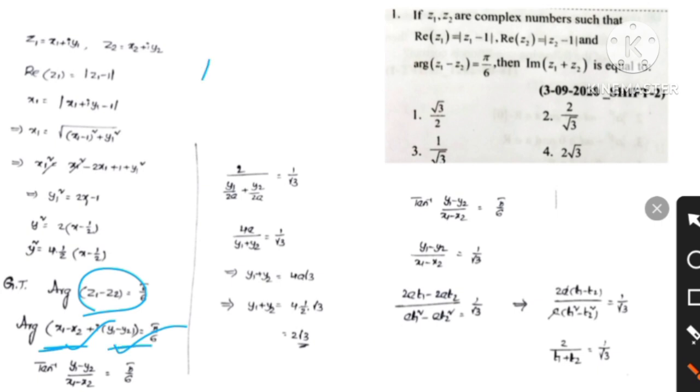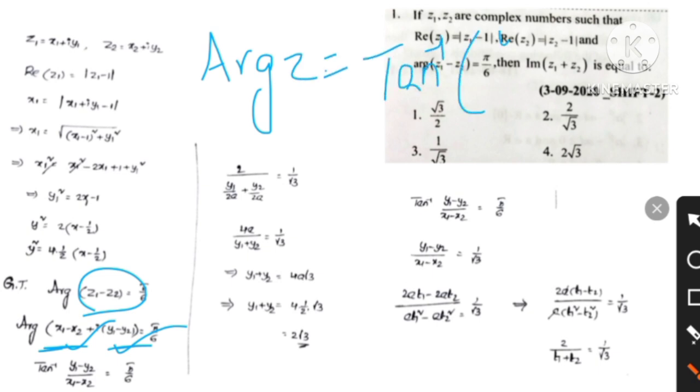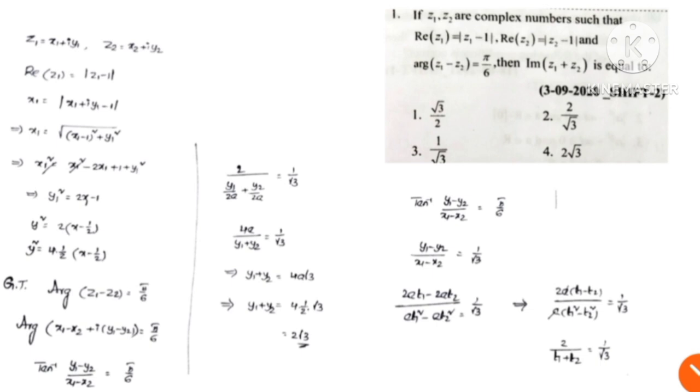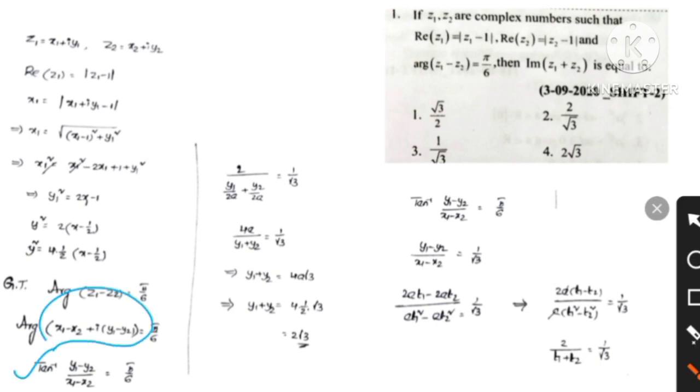Okay, now what is the arg z formula? Actually, you know the formula. Arg z is equal to tan inverse of y by x. Understand all of you? What is the arg z complex number formula? Tan inverse of y by x, where y is the imaginary part and x is the real part.